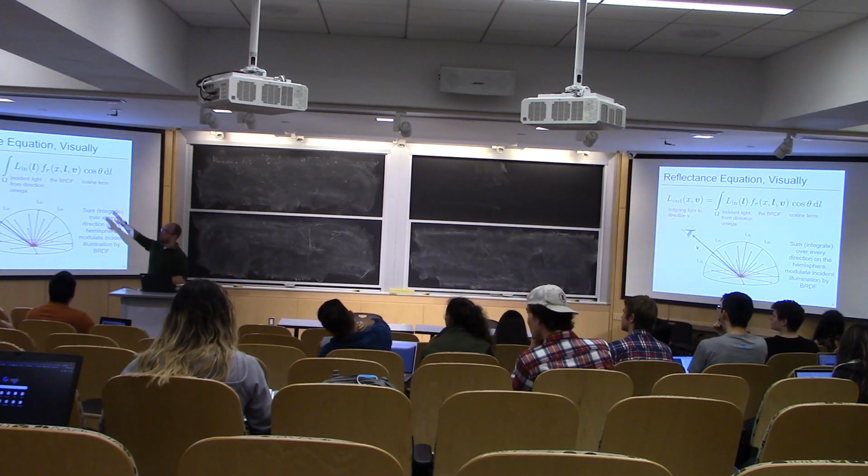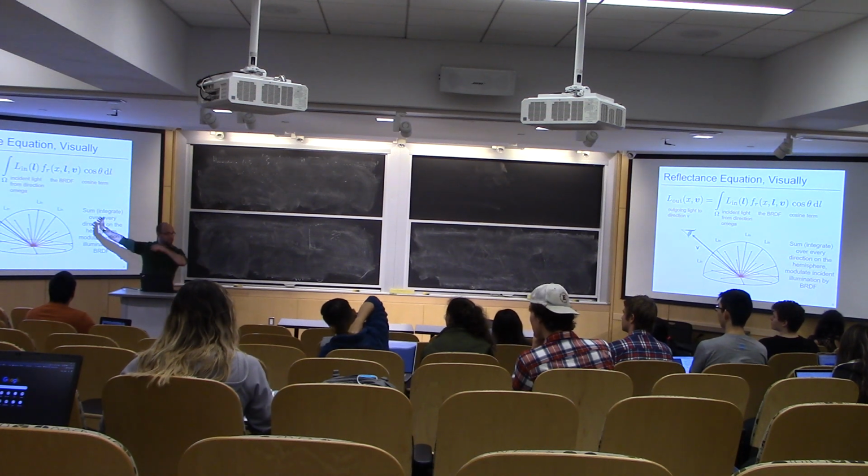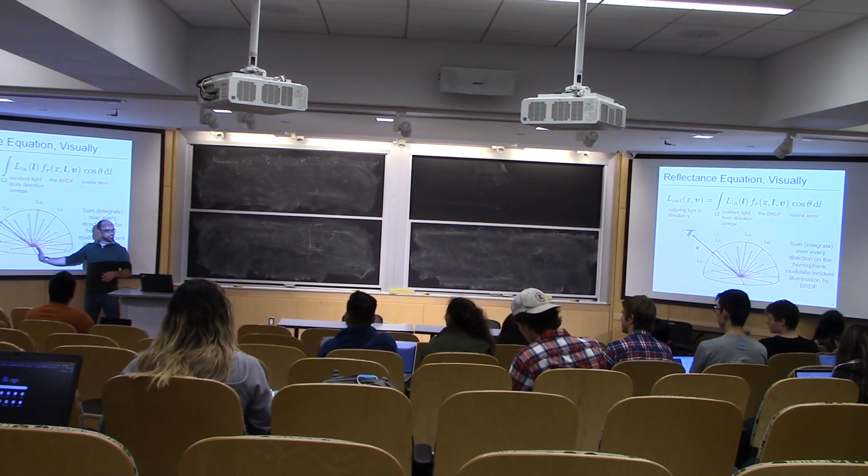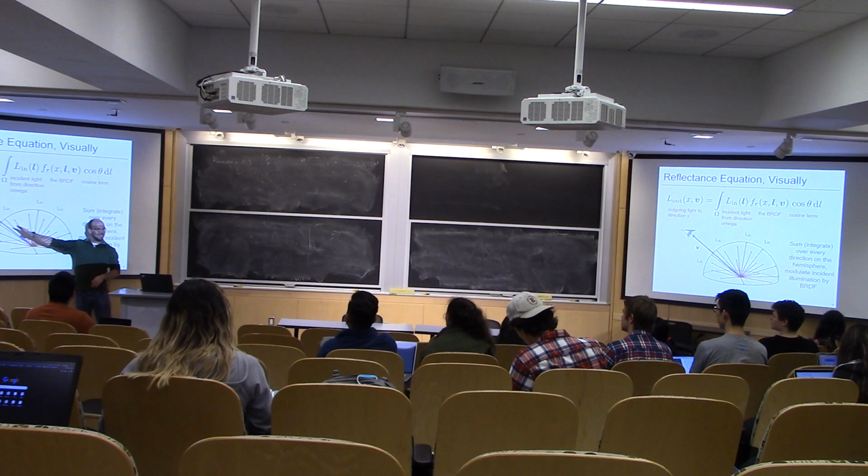Let's say it's not a light bulb, so it's just a surface that light bounces off of. How does that work? For every possible incoming direction, I have to account for the BRDF, which says for this amount coming in, how much goes out toward your eye. So that's an integral over the whole surface of the sphere.